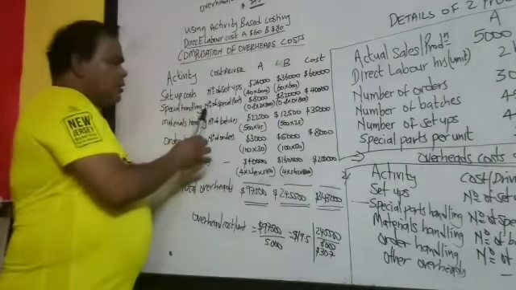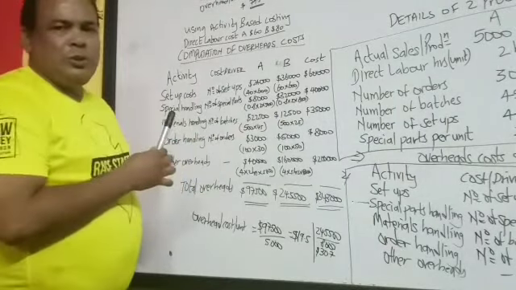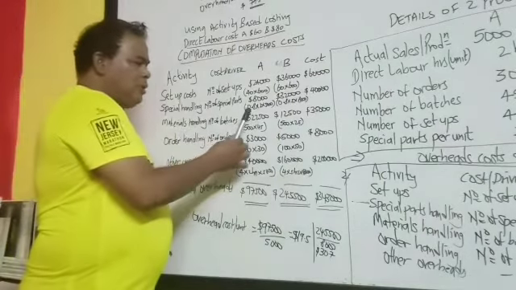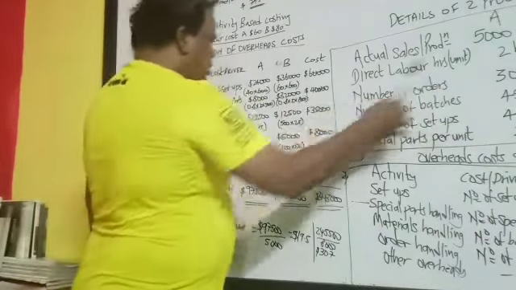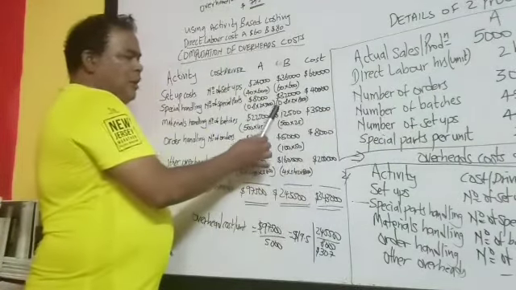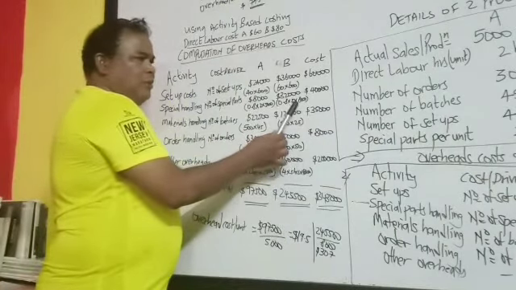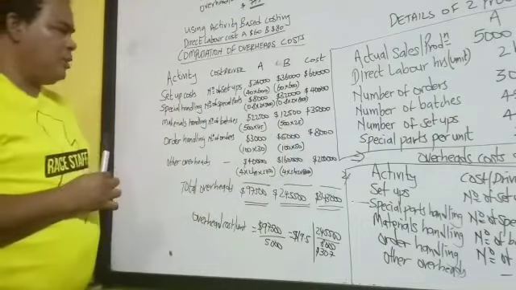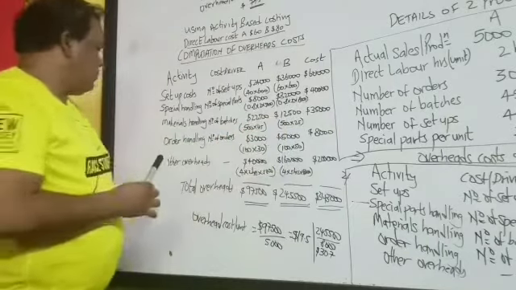Special handling cost will be based on number of special parts. So we multiply 0.8 times 2 hours per unit times 5,000 units, we get 8,000. 0.8 times 5 hours times 8,000, this will give us 32,000. So this 40,000 will be allocated in this way.